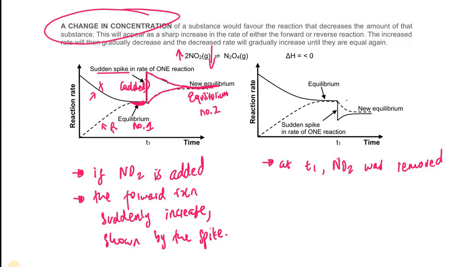So that is why the forward reaction decreases sharply. I hope that you can see that a spike indicates a change in concentration.